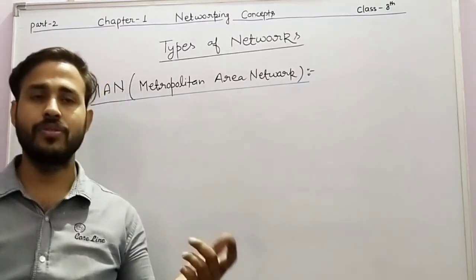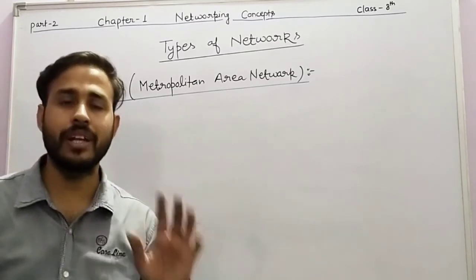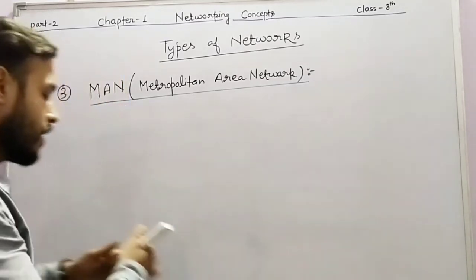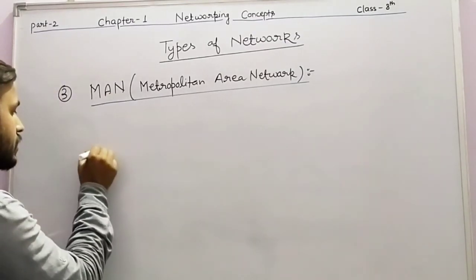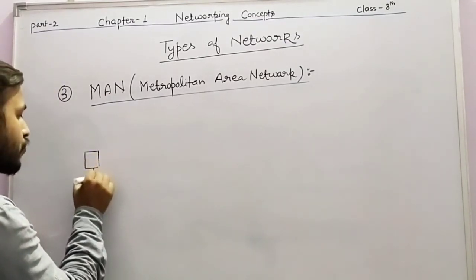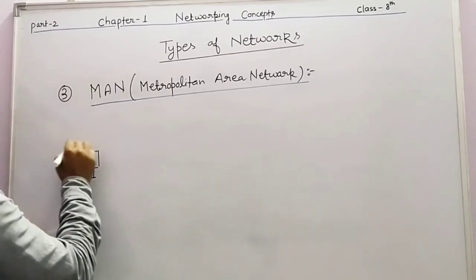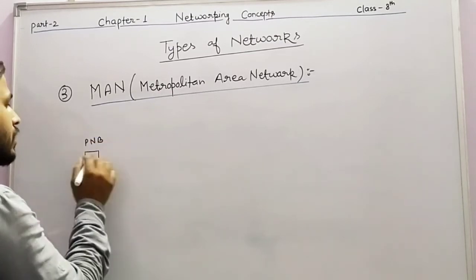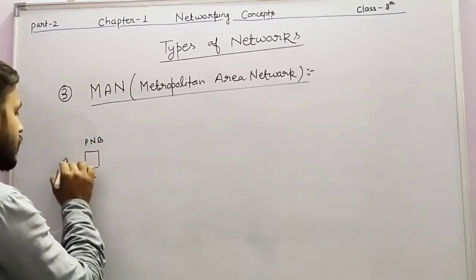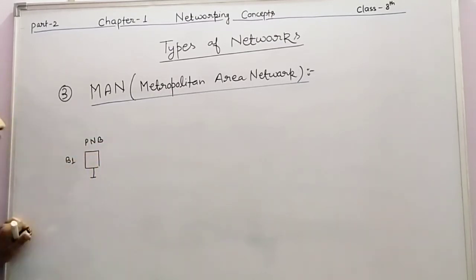So I choose Punjab National Bank, for example only. So this is branch 1. This is PNB Bank, that is Punjab National Bank, branch 1.